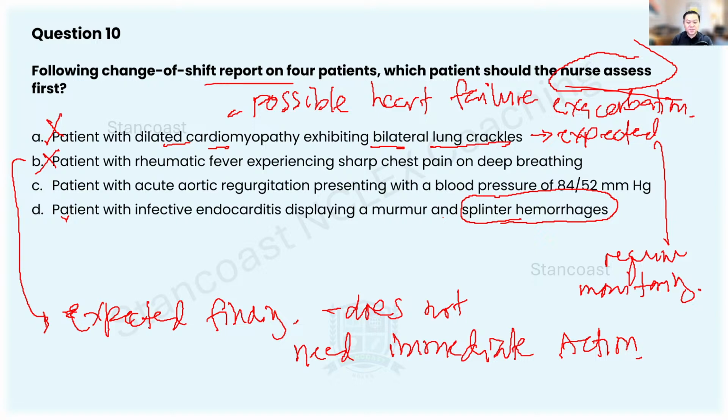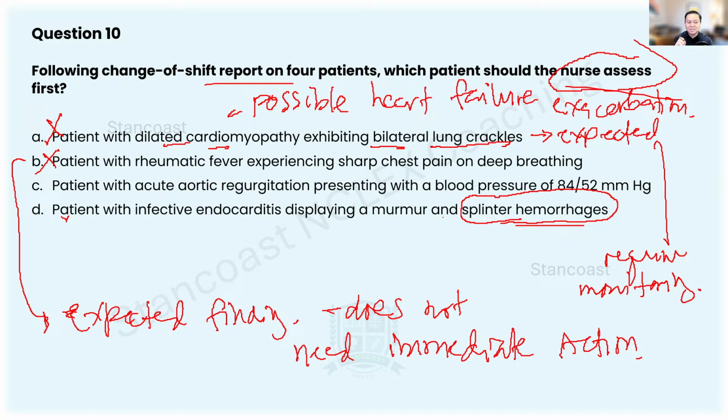This is expected in a patient with infective endocarditis. They look like small, thin, red to reddish brown lines that run in the direction of the nail growth. Maybe you picked that one because of the word hemorrhages, but the degree of hemorrhage is very mild, like very tiny streaks of blood.